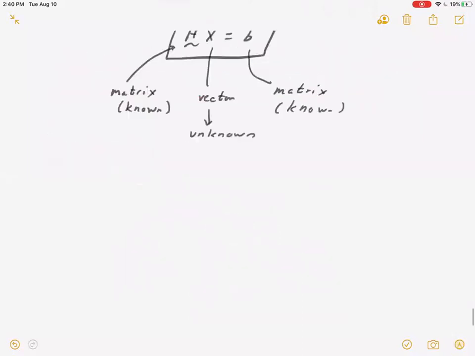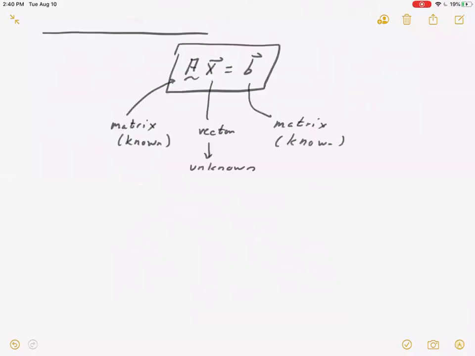And we've gone through many examples of this. So I'm going to pick a particular problem. I'm going to pull out of the air a matrix A. This matrix is a tall matrix. It has 3 rows and 2 columns.